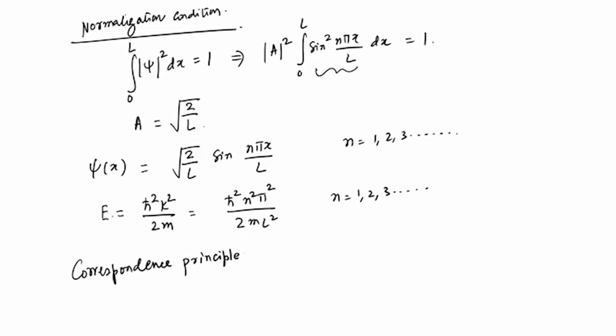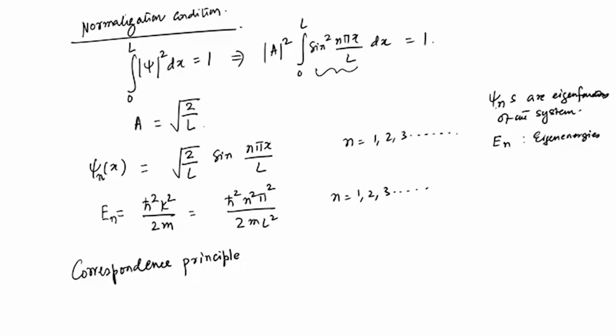Let's call this E n and call this psi n, and so psi n's are called the eigenfunctions of the system. And E n are called the energy eigenvalues, eigenenergies or energy eigenvalues, anything you can call it by.